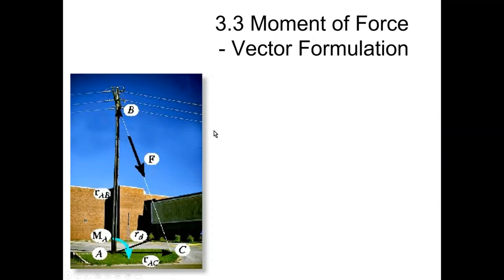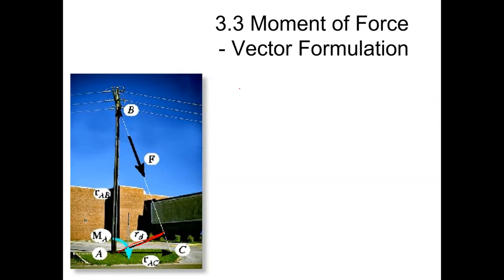So here I have a power post which is secured to the ground by a cable. We want to find the rotational effect of this force with respect to point A. How do we do that? One way is doing a scalar. If I want to do the scalar, from the point of rotation I have to make a normal to this line, and that is RD, the shortest distance.